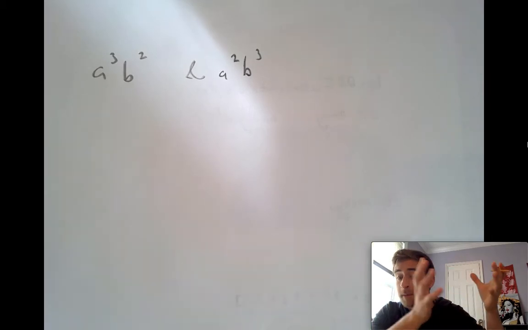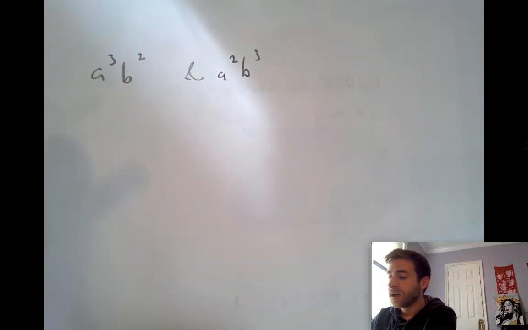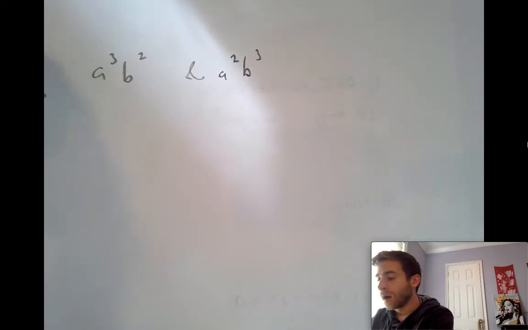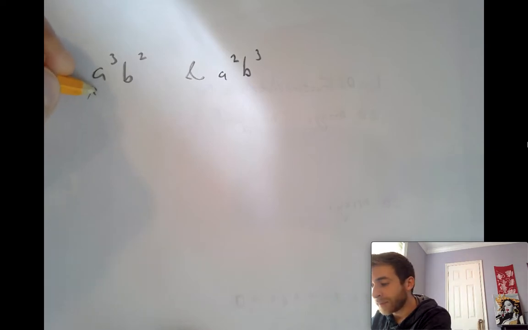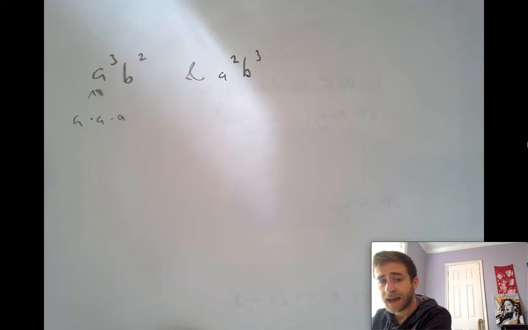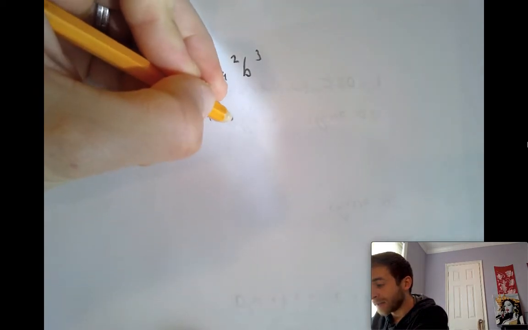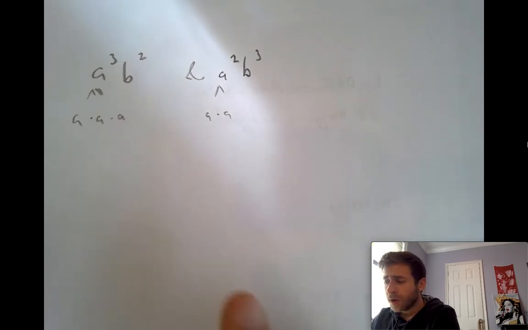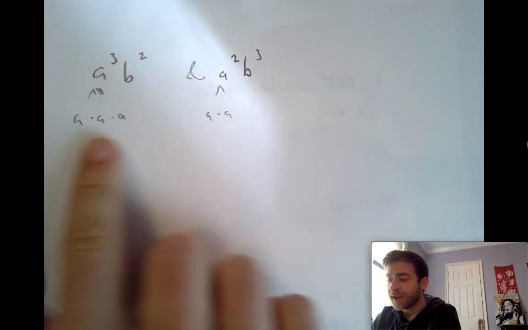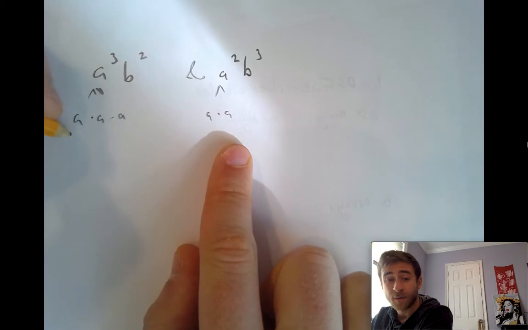You got to do it variable by variable, one letter at a time. So this left guy has 3 a's multiplying by each other. So really, this could expand out to a times a times a. This guy on the right has 2 a's multiplying times themselves. So the most that I'm allowed to take from each of these terms would be, this guy could afford up to a cubed.